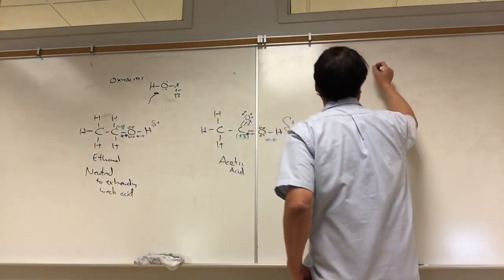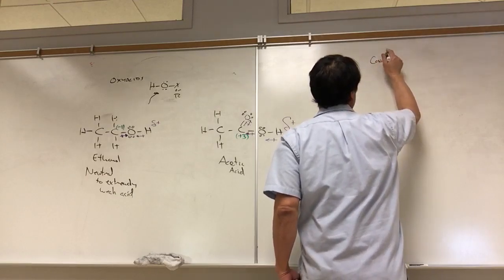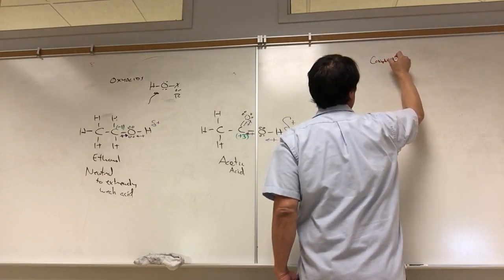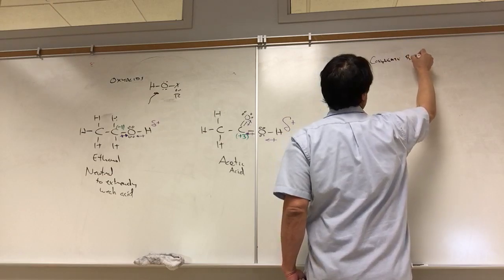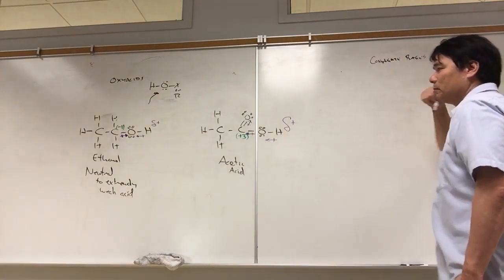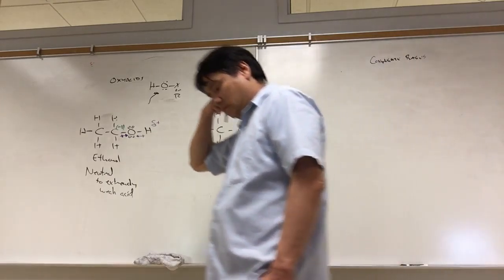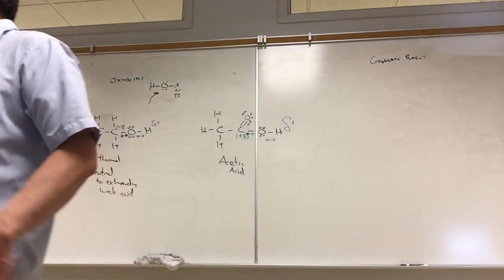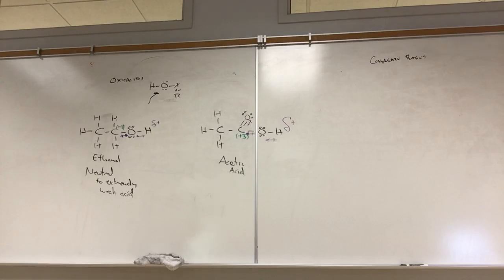And so let's take a look at the conjugate bases. And here we can see a big difference in the stability of the conjugate bases. So for my past Chem 1A students, this is all repeat.